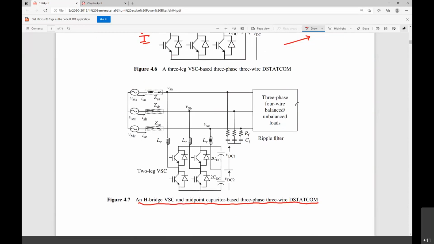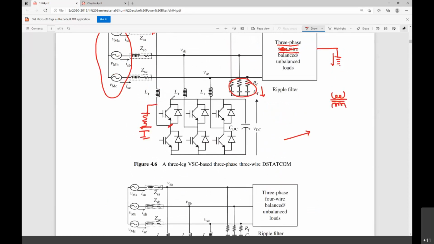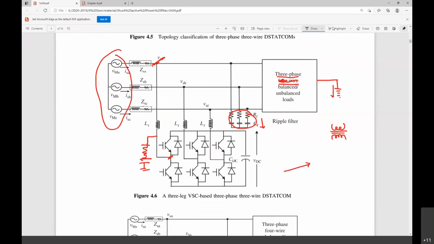Here, when you look into this, both are the same. The A phase is going to connect to this, and then the B phase.